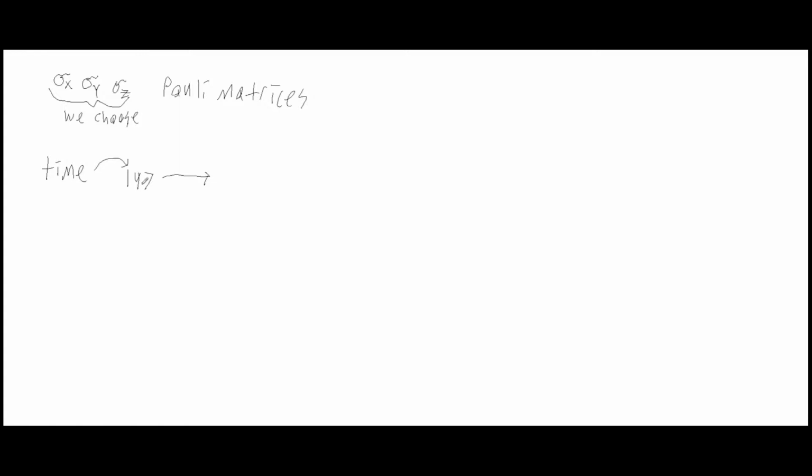We'll call this psi 1, and that might change it into some other state, psi 2. If you just leave it alone for a while, it will change into some other state. And so we can think, well, is there something called a time operator? Well, technically there is no time operator.